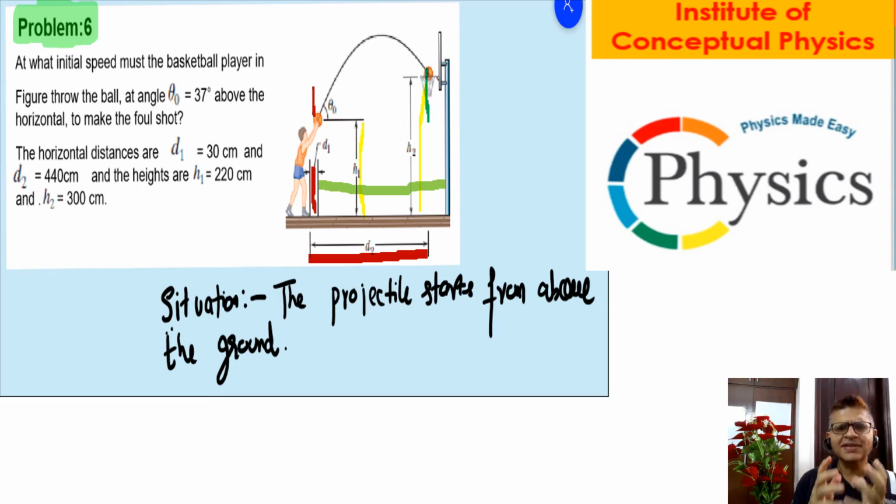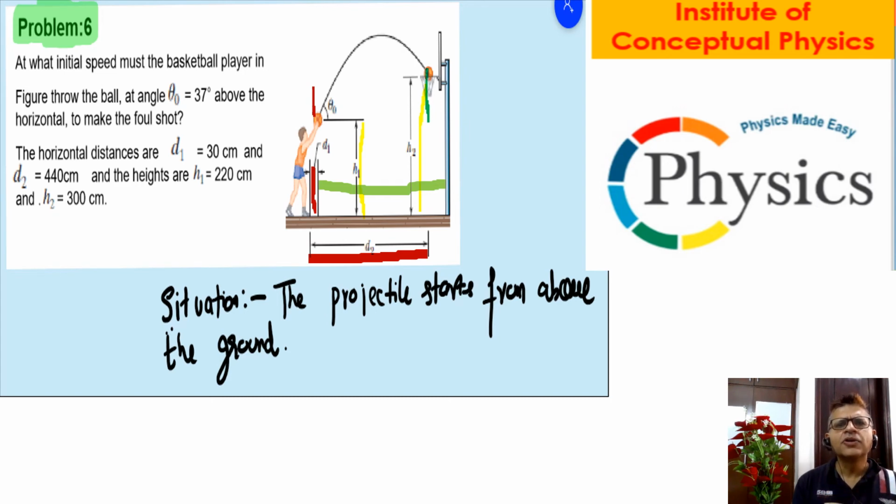So we can say that this is a projectile where the start point, or the origin, is at a distance of d2 minus d1 horizontally from the basket, and the basket has attained a height of h2 minus h1 from the origin. So this actually reduces to a normal projectile, except that the normal projectile starts from the ground, but this projectile starts from some different coordinate.